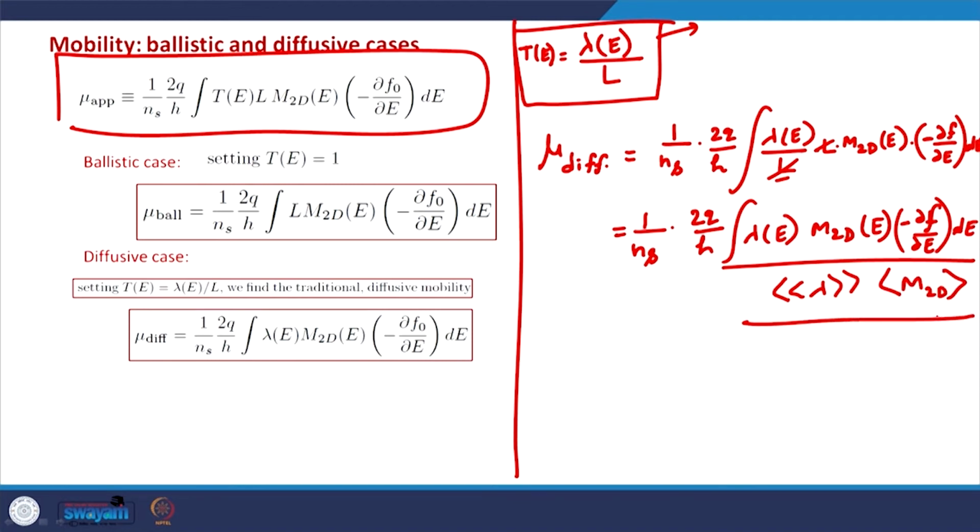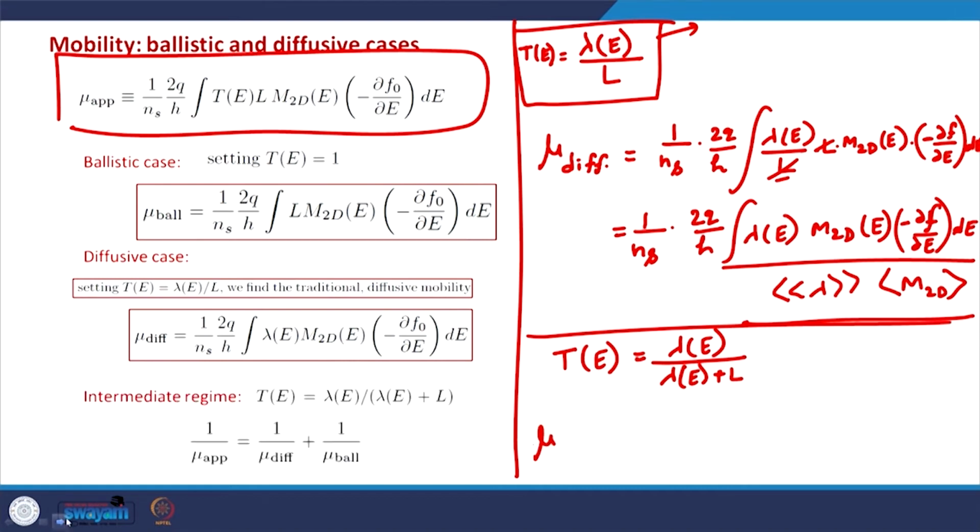And in more general case, this TE needs to be taken as lambda E divided by lambda E plus L, and in that case if we replace TE by this expression, this general or the mobility will be more general case, and this is known as the apparent mobility as we have defined earlier.